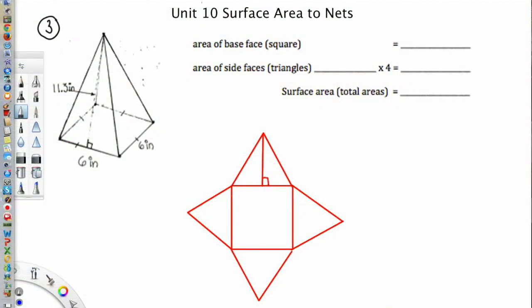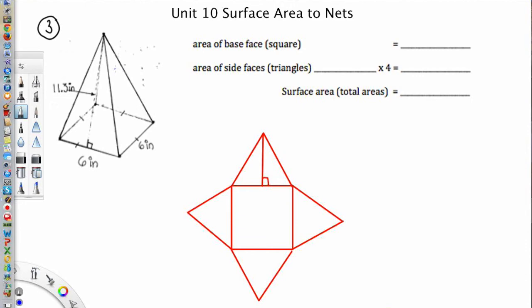Boys and girls, number 3, we have a square pyramid. Okay, it is a pyramid because it has one base, and then opposite of the base we have a vertex that is the pinnacle. It's the high point. It only has one base, not 2. If it had 2 bases that were identical, then it would be a prism, but that's not the case. And also what's typical of a pyramid is all of the side faces are triangles.